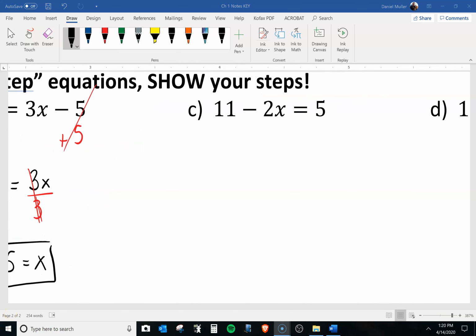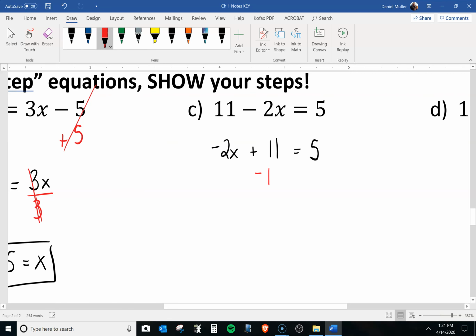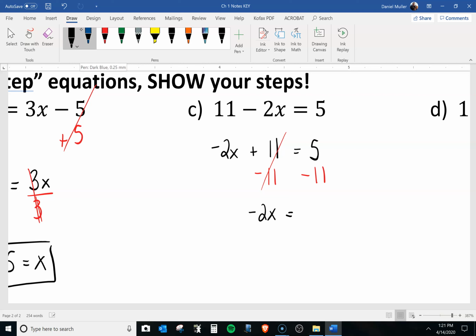First thing that I will do is change the order. So there's a minus 2x, and then there's a positive 11. It doesn't show a positive, but it is positive, so I'm going to put a positive 11 is equal to 5. That's not necessary to do, but it's helpful for us to see that this is actually a plus 11. Therefore, we will subtract 11 from both sides. So that's gone. So I've got a negative 2x is equal to 5 minus 11.